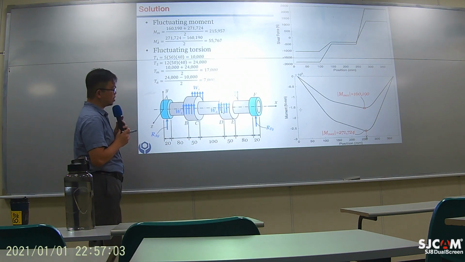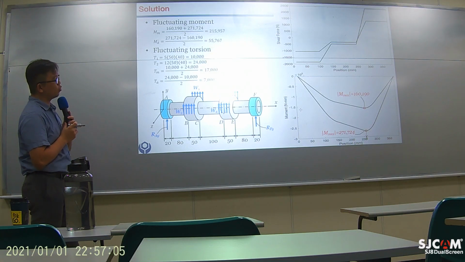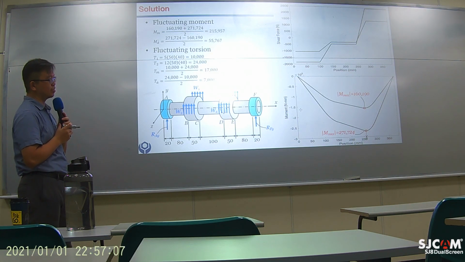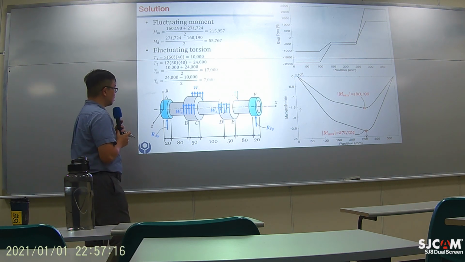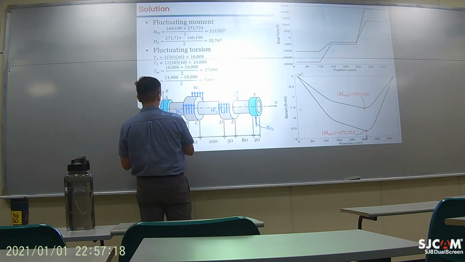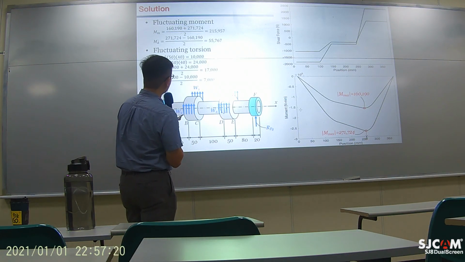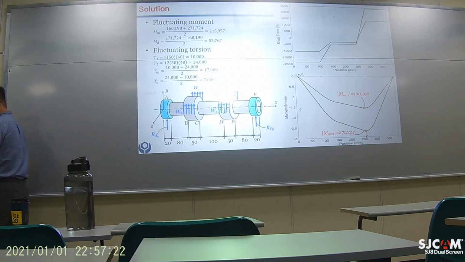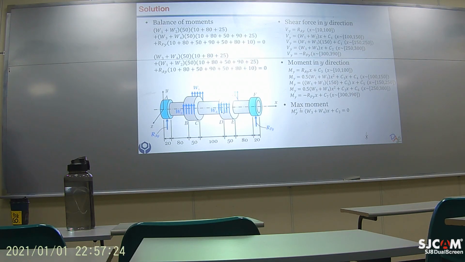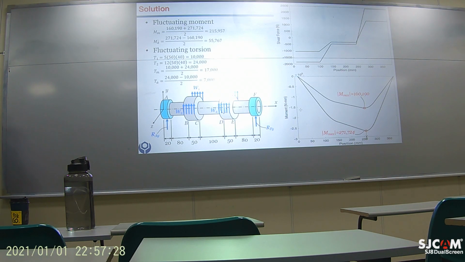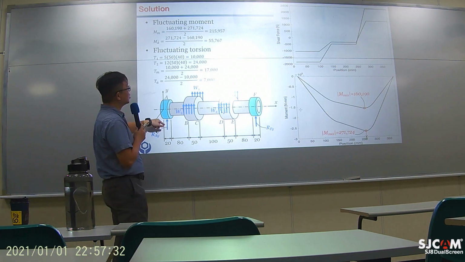That's the location for worst bending, the largest bending moment. And since we are, the shaft would be, let's see what's the value for these. They are negative, I think. Yeah, the shearing force, yes, these are negative.